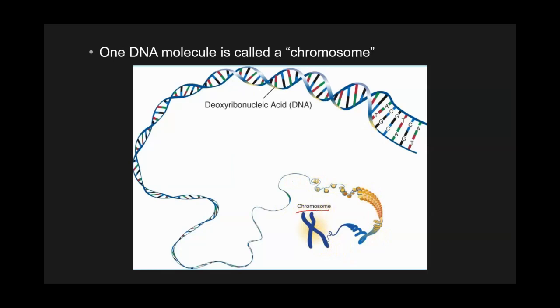So one chromosome is essentially one long string of DNA. That is what one chromosome is. And in the human genome, we have 23 pairs of chromosomes. So this picture here of an X is actually 2 chromosomes.